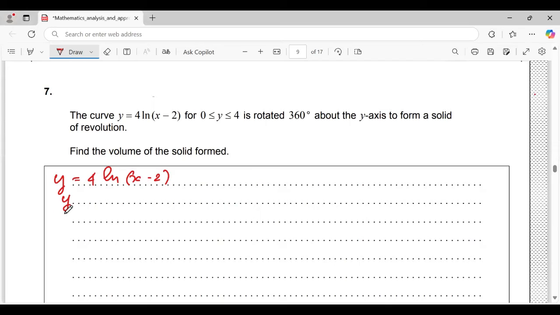So this equation, we can arrange it as y over 4 equals ln x minus 2.